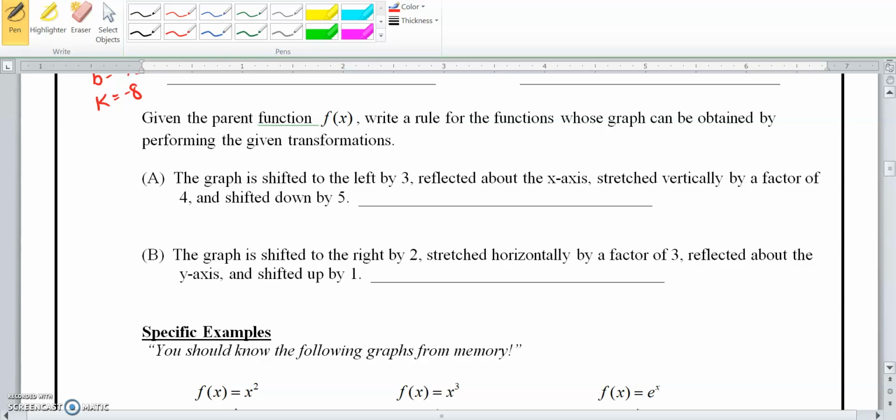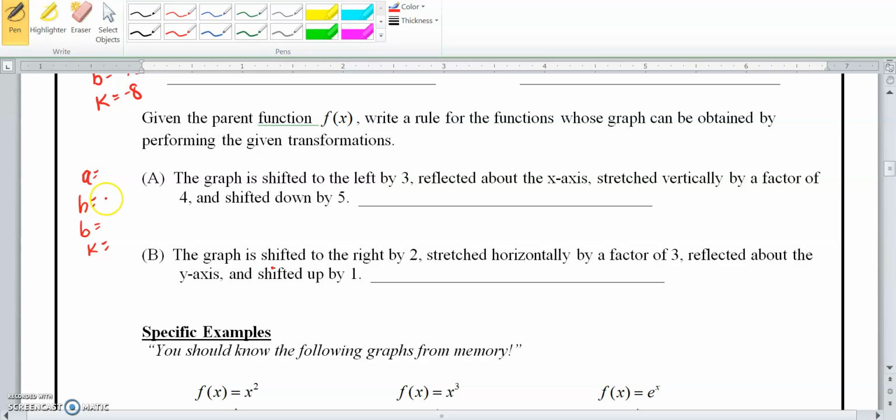So again, I always start with identifying A, H, B, and K. So we start with f of x, and then step 1 says graph is shifted to the left 3. So we know that the horizontal shift or translation comes with the h.